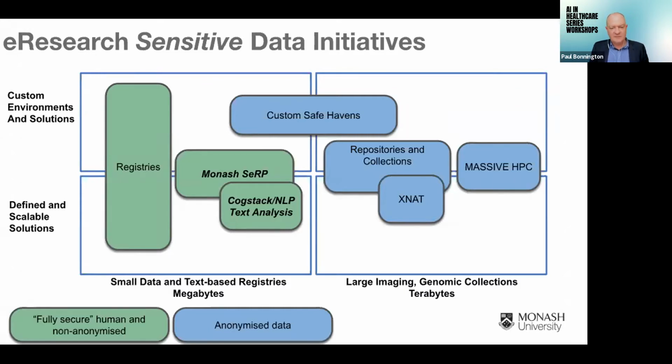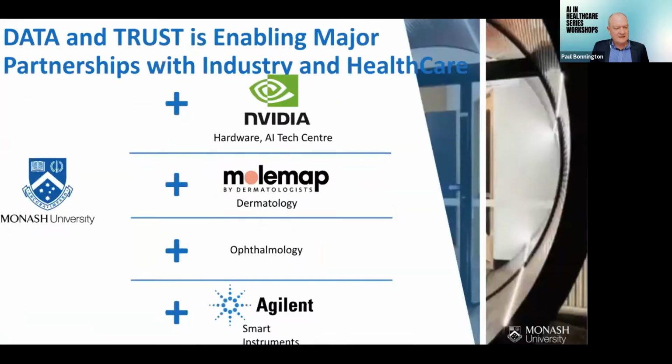We're developing up really how this fits in with our larger ecosystem of capabilities at Monash. And this is now underpinning the trust relationships that I alluded to. Data and now trust coming together has been a major enabler of partnerships with industry and healthcare. I'll flick through.